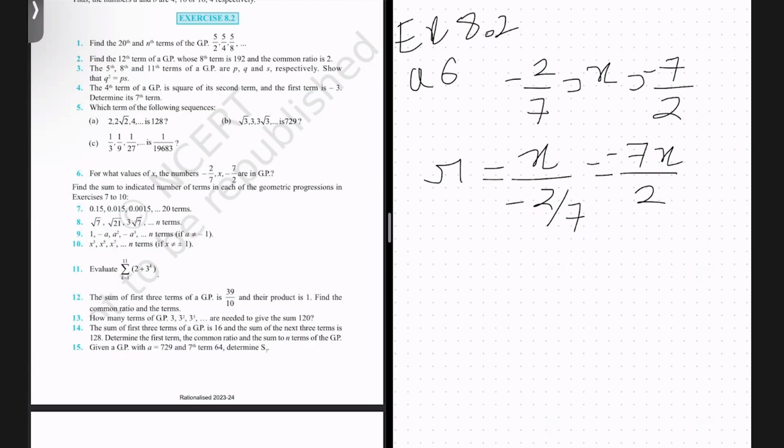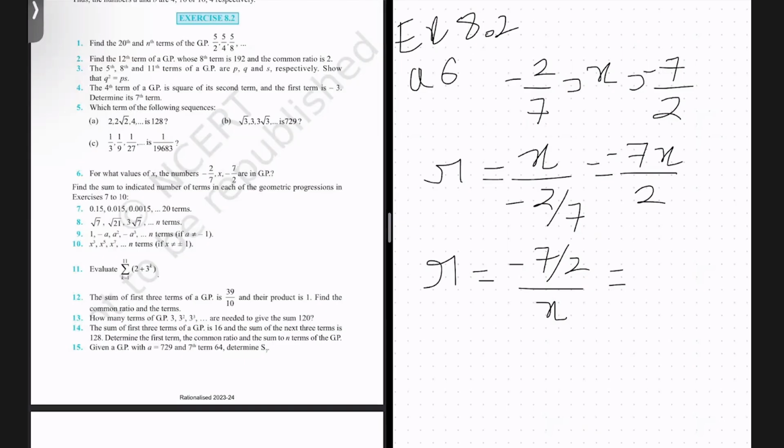Then we have also been told that minus 7 by 2 and x are also going to be in GP. We have been told that these 3 terms are going to be in GP. So can I write the common ratio again as minus 7 by 2 divided by x, which is the third term divided by the second term?